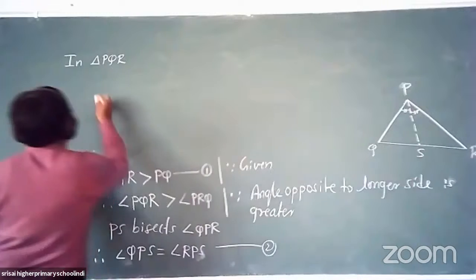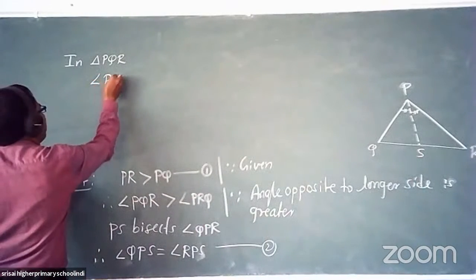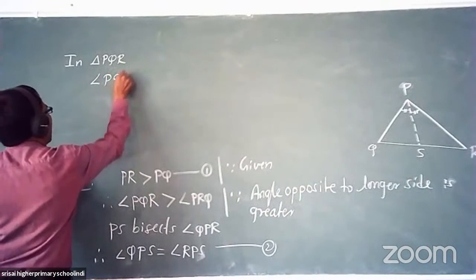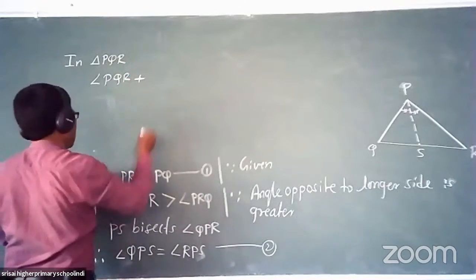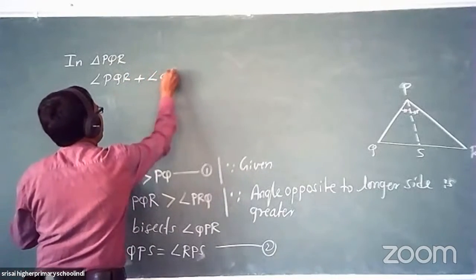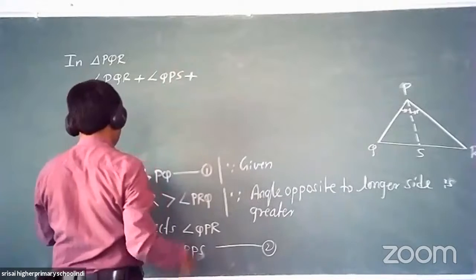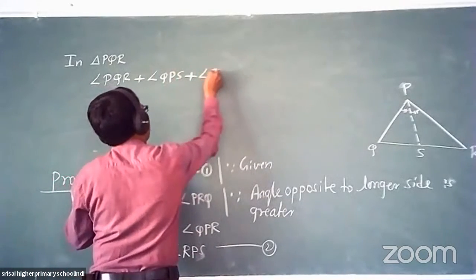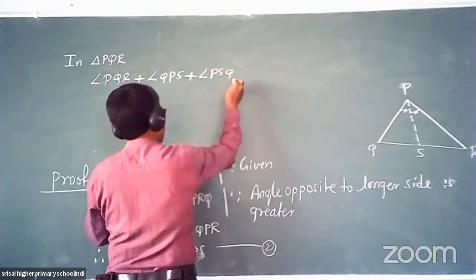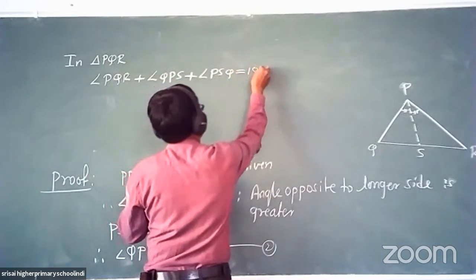So angle PQR plus angle QPS plus angle PSQ equals 180 degrees.